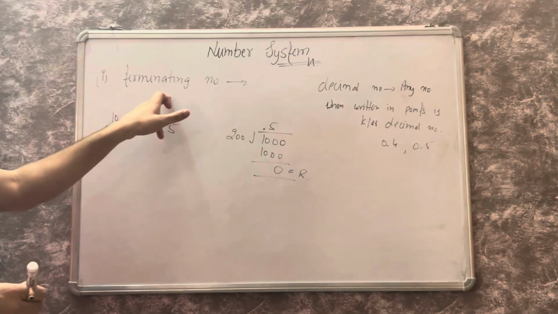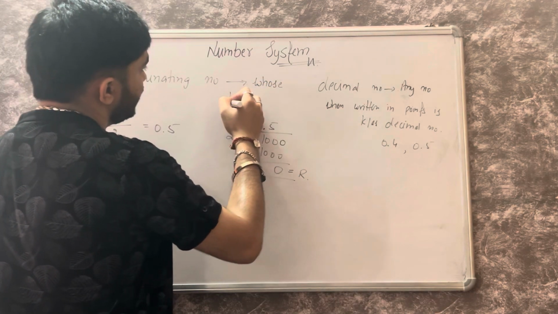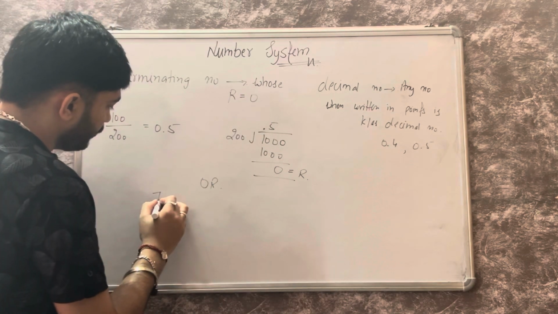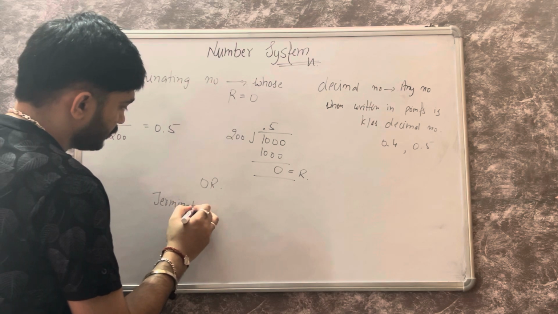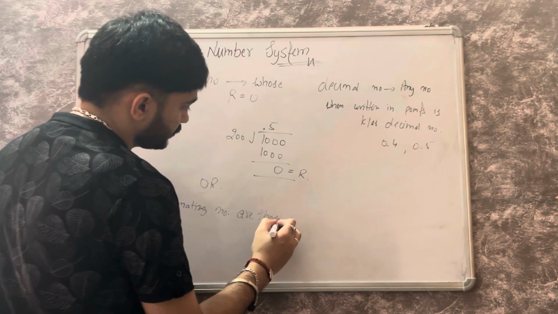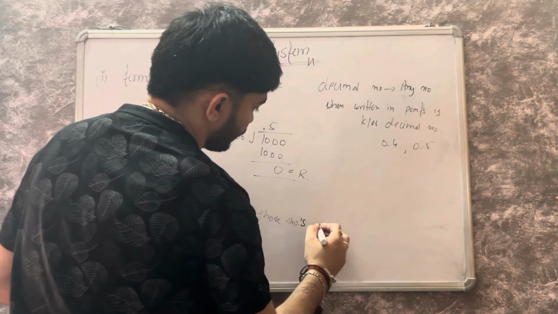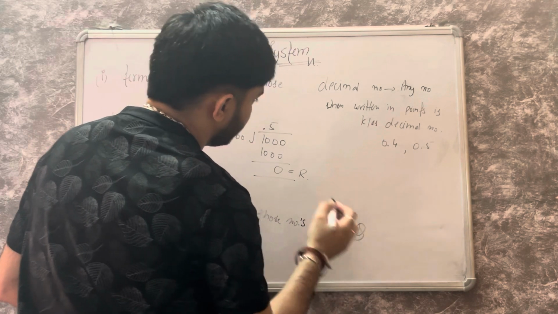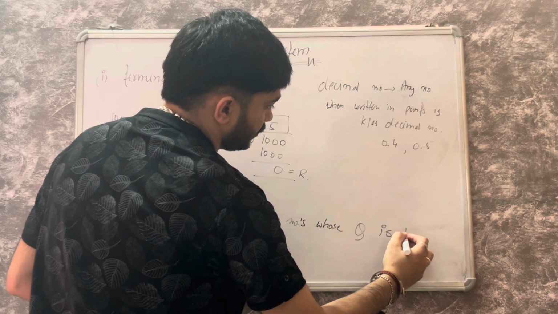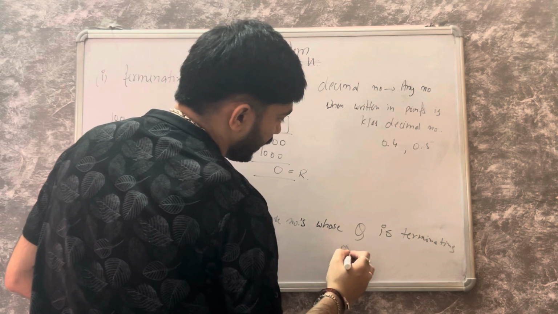So terminating numbers are those numbers whose remainder is equal to 0, or you can say that terminating numbers are those numbers whose quotient, that is this answer, is terminating or ending.